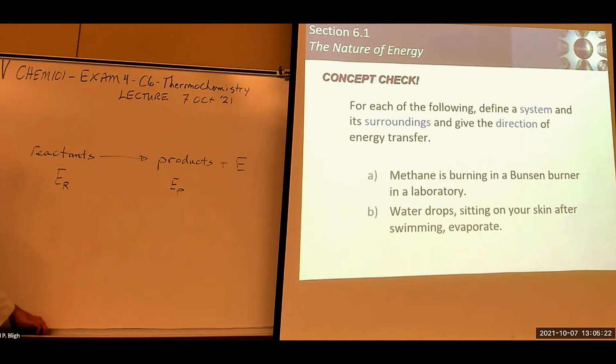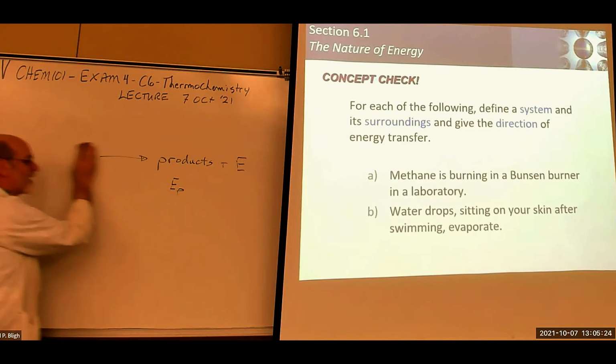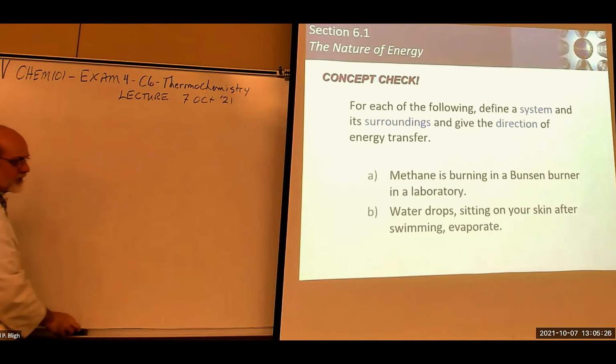Now, for this one, we have to define our terms. We have to define our own system. Try to be most efficient and the most physically accurate. Methane is burning in a Bunsen burner in a laboratory. What's the system? Think about the chemical reaction that's taking place. Right?